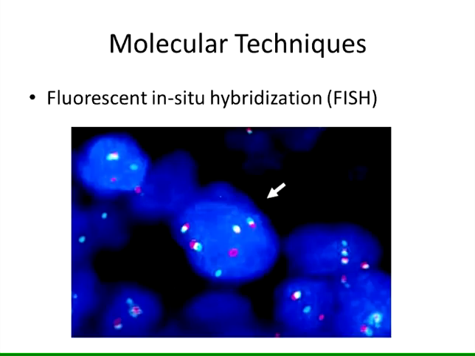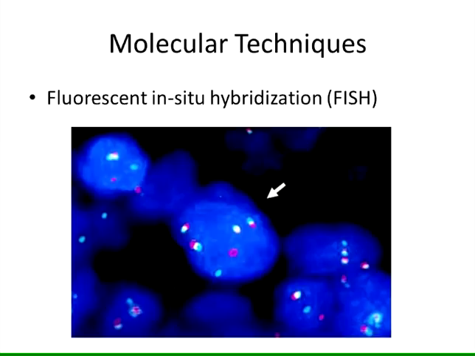So in an attempt to clarify that, a variety of different techniques have been developed to aid in the detection and the correct diagnosis of melanoma. One of those is called FISH, or fluorescent in situ hybridization. And this looks for changes in a particular chromosome within a cell.